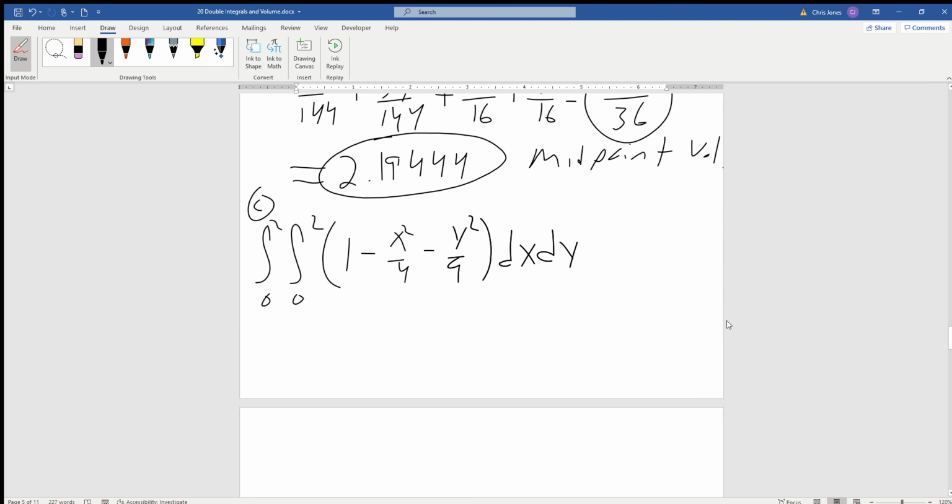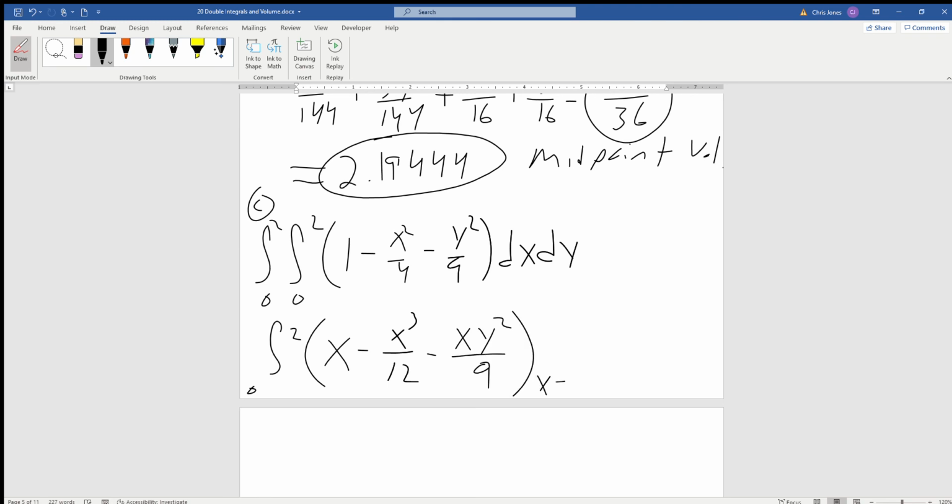If we integrate with respect to x, we get x minus x cubed over 12. So add 1, divide by 3, and then 3 times 4 gives us 12. Then minus, just thinking of y squared over 9 as a constant, x y squared, ranging from 0 to 2, dy.